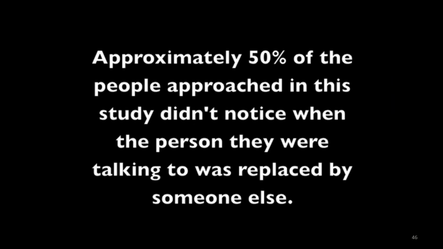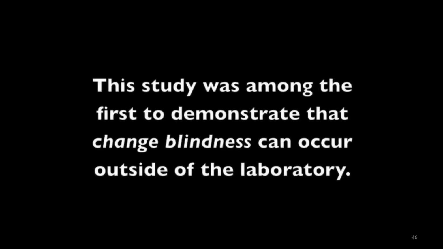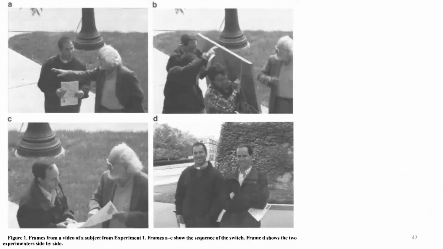Approximately 50% of the people approached in this study didn't notice when the person they were talking to was replaced by someone else. It was among the first to demonstrate change blindness.